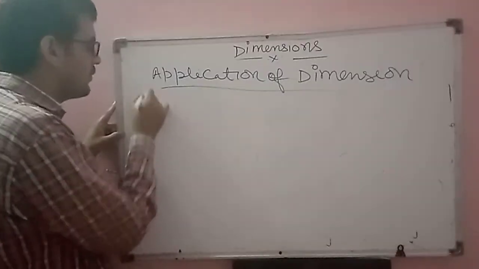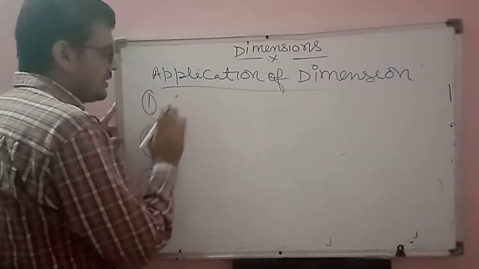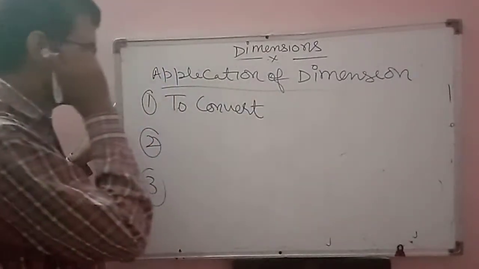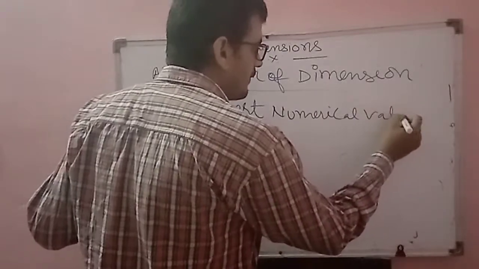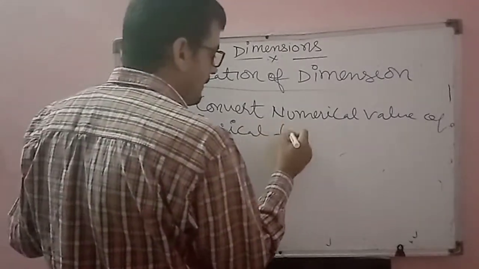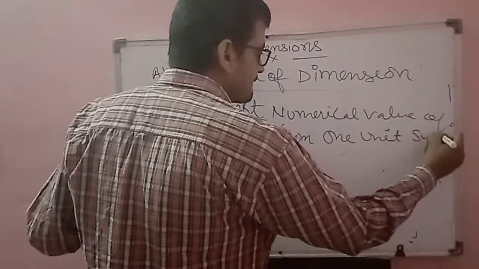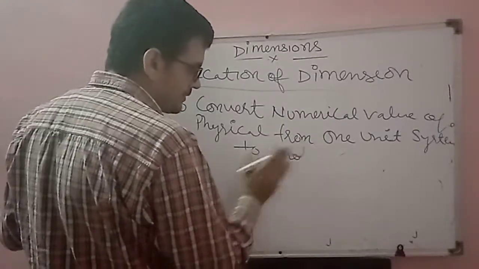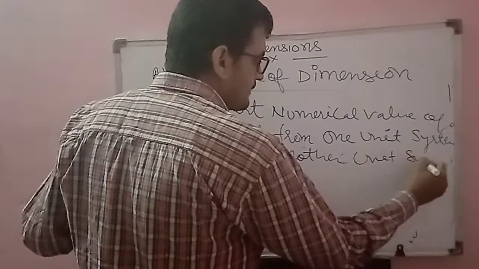So beta, we have three applications. The first one is to convert the numerical value of a physical quantity from one unit system to another unit system.